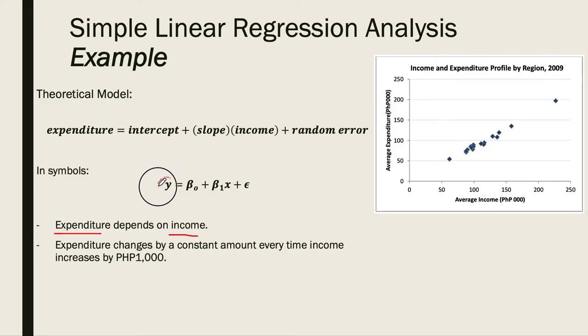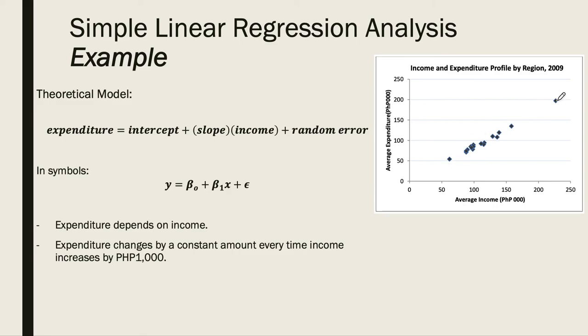So we can say from this given theoretical model and also our symbolic model that expenditure depends on the income. Because y is our dependent variable and x is the independent variable, and in a practical sense, we can only spend or have some expenses based on the income that we are gathering. So expenditure depends on income, and also expenditure changes by a constant amount every time income increases by 1,000. We can also see that on the graph because it's a positive trend.